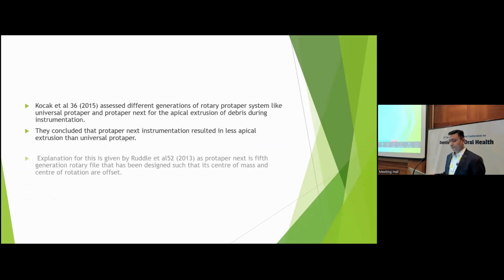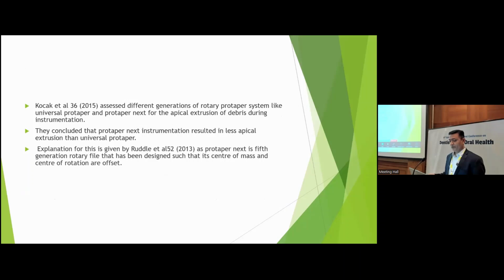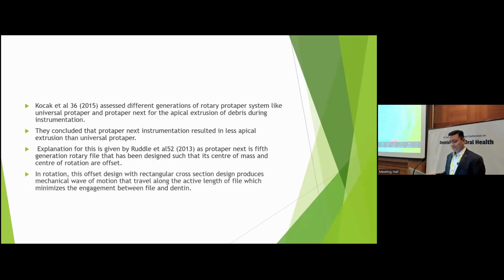Pedulla also showed that ProTaper Universal showed more extrusion compared to ProTaper Next, which is a different generation of the rotary system. They concluded that ProTaper Next results in less debris because it has a different center of mass and center of rotation.